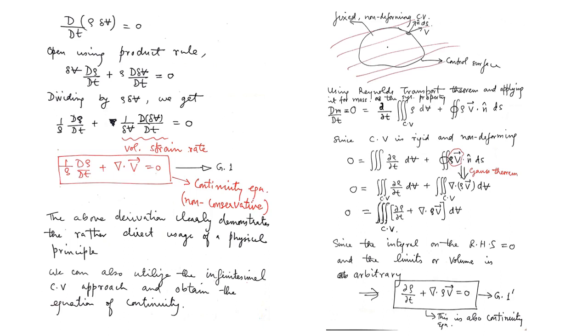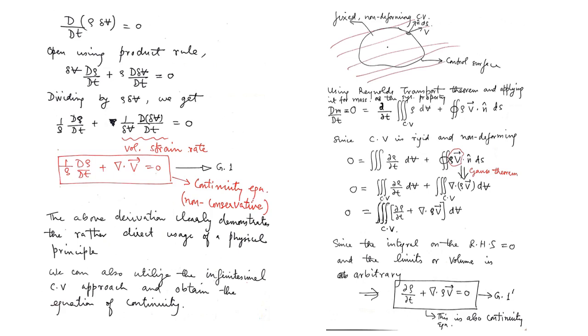So the above derivation, it demonstrates that you can directly just use the physical principle, apply it to the mass, apply it to the fluid particle, and you can directly arrive at the governing equation.